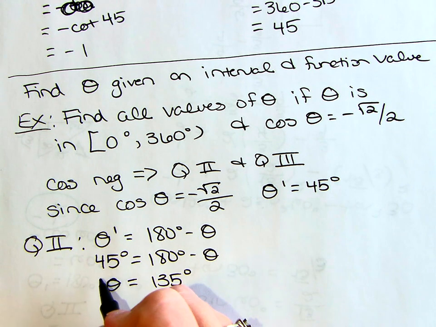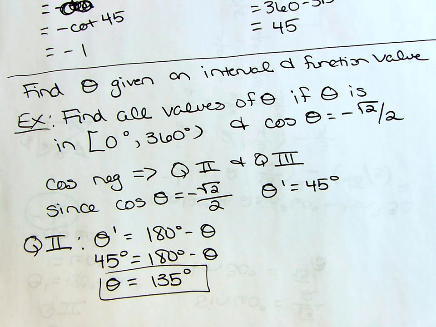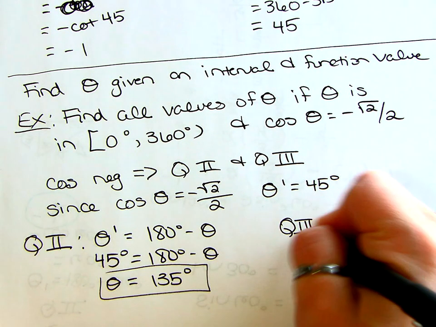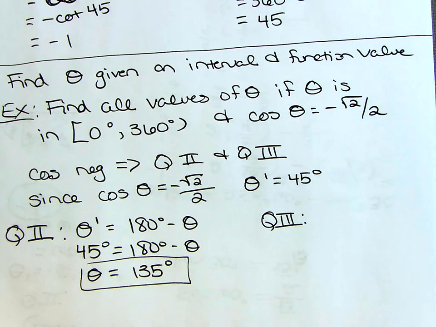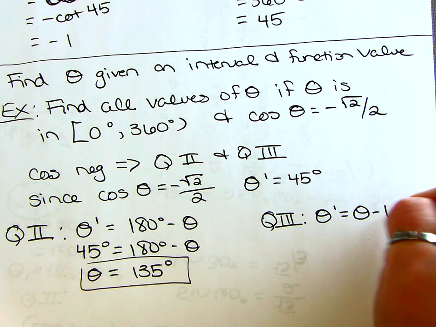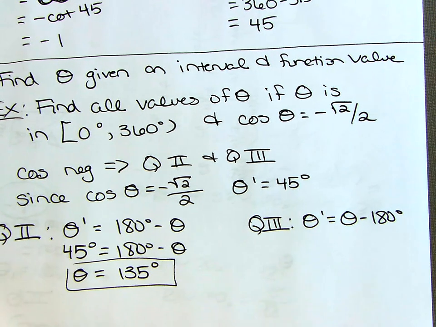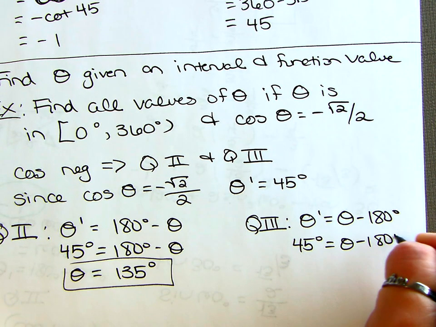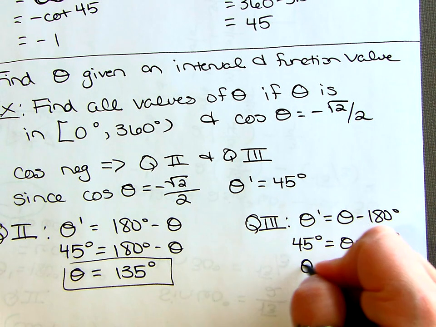Now, based on the stipulations that this problem gives us, we could have a theta that lives in quad 3. So we do the exact same process for quad 3, where our reference angle equals theta minus 180 degrees. So theta could be 225.